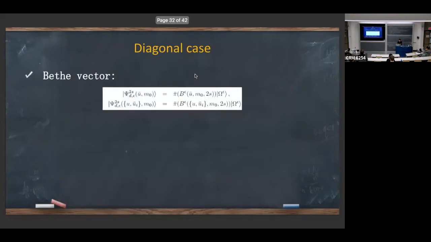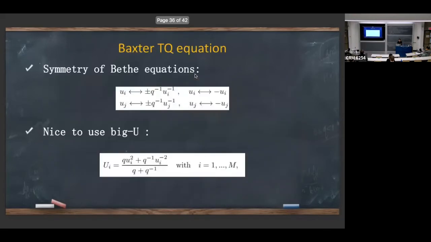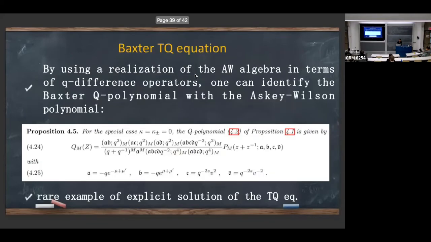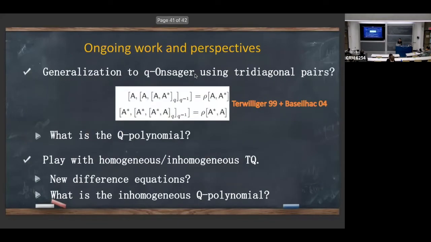By doing that, what we expect is that we can relate the Baxter Q polynomials of the homogeneous and inhomogeneous cases. So for the homogeneous case, we found that this Q polynomial is the Askey-Wilson polynomial, but for the inhomogeneous case, we don't know what these are.